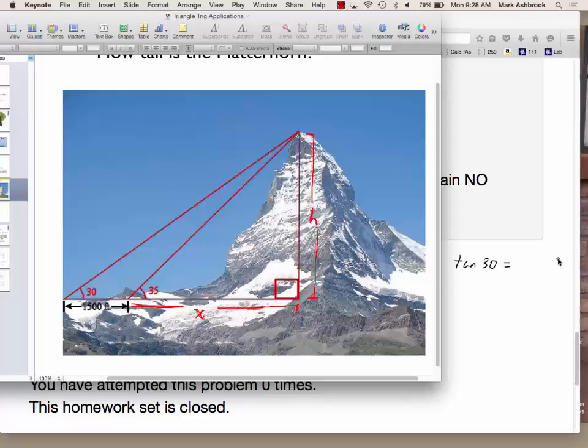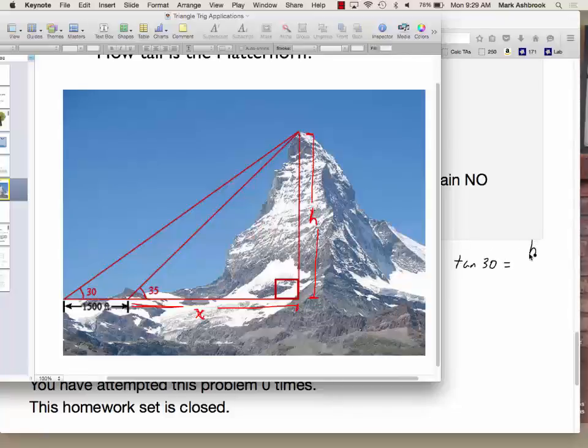Right. So in this triangle that has an angle 30, what's the opposite and what's the adjacent side? No, opposite. Opposite. What is it? Opposite side is length. You're looking right at it. Opposite side.